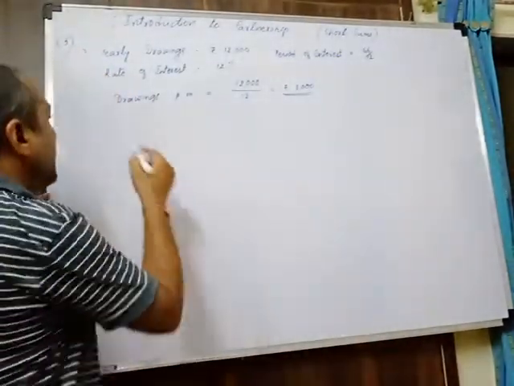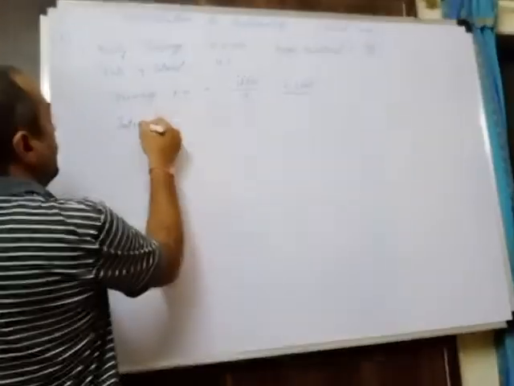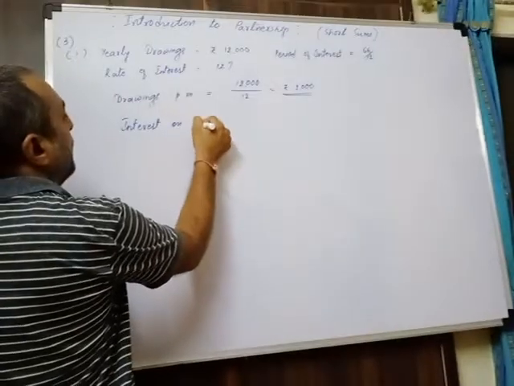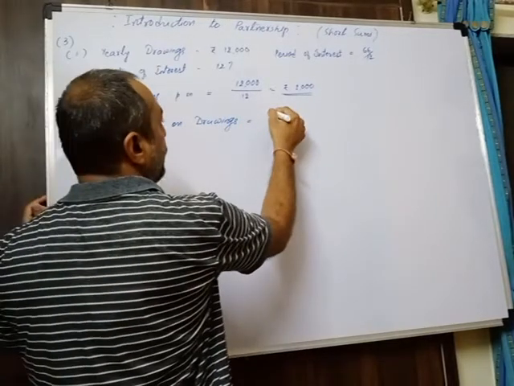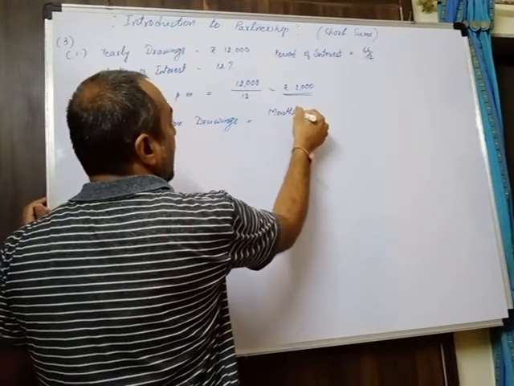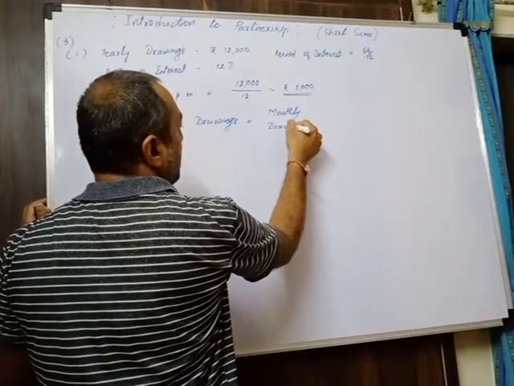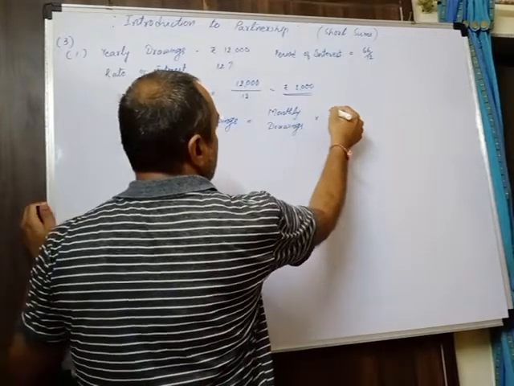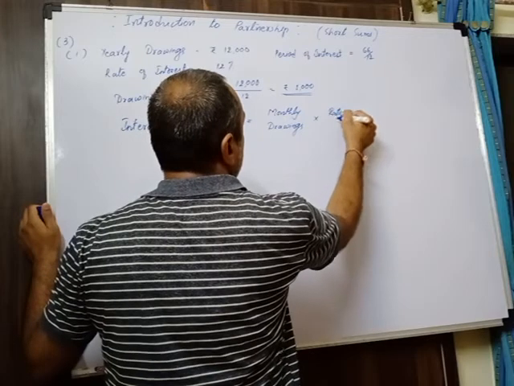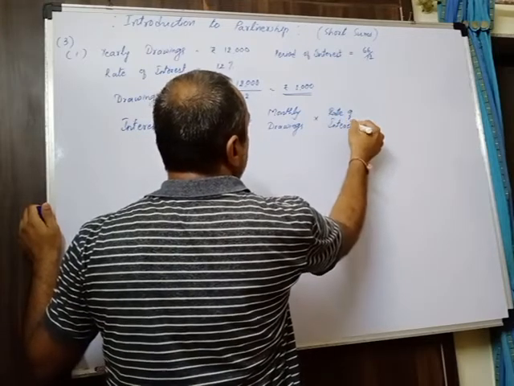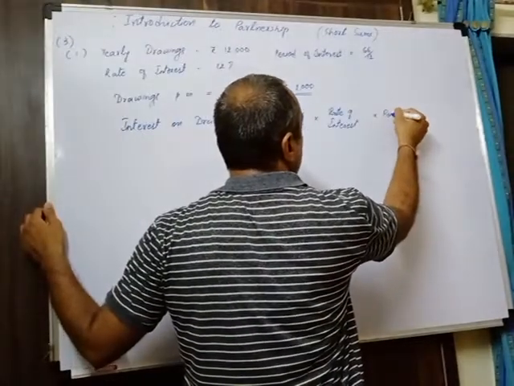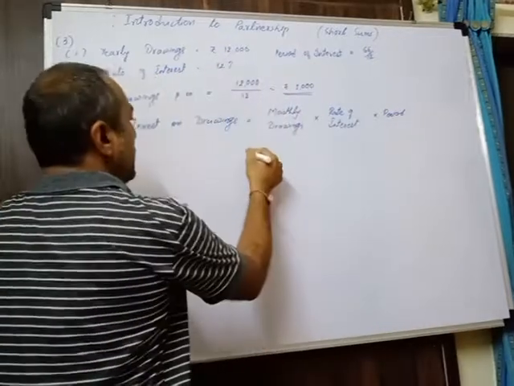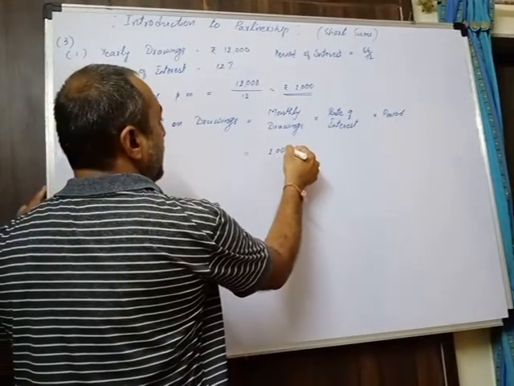Okay, so now I can calculate the interest. So interest on drawings is equals to, I am writing the formula first. This formula, writing the formula is important, remember in your exams also. Monthly drawings into rate of interest. You can use that simple interest formula also, I is equals to PRN upon 100, no problem, that is also correct, into period. Accordingly now, monthly drawings 1,000.